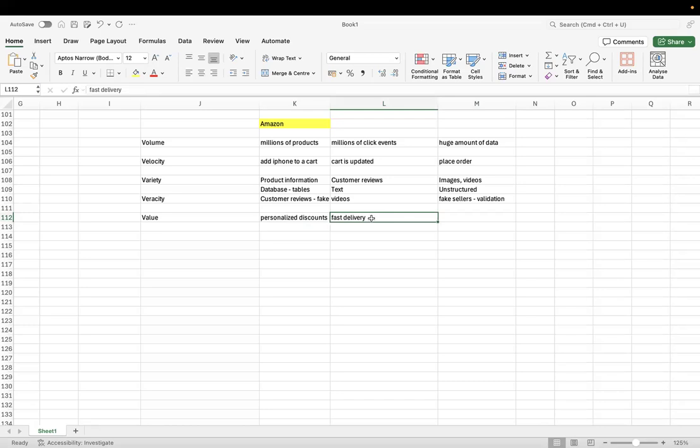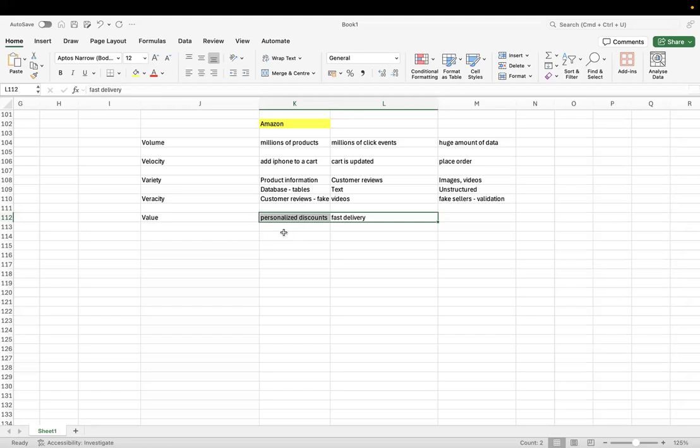Now, how is Amazon going to understand that you are the loyal customer, that you deserve an extra discount or extra offer? Based on the data that they have analyzed for you. If they are not giving you a personalized discount or some benefit on any product, the data they are generating for users is going to go to waste.